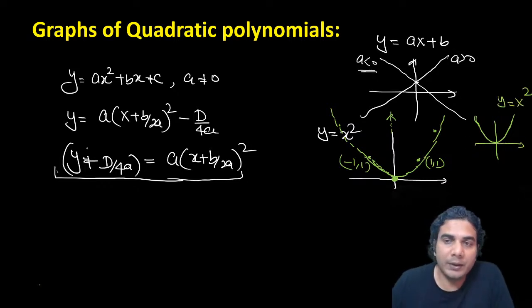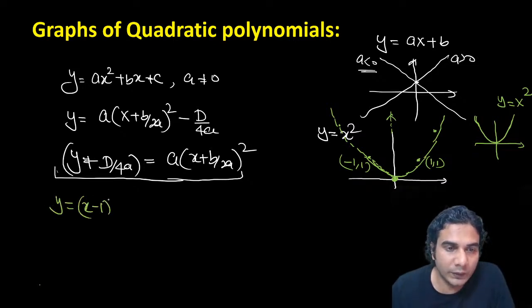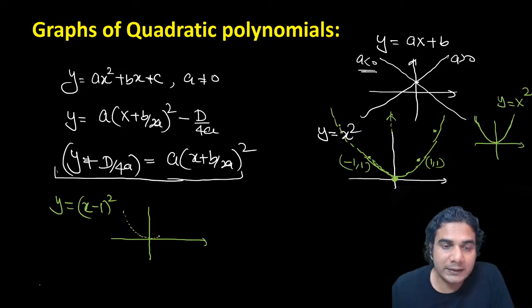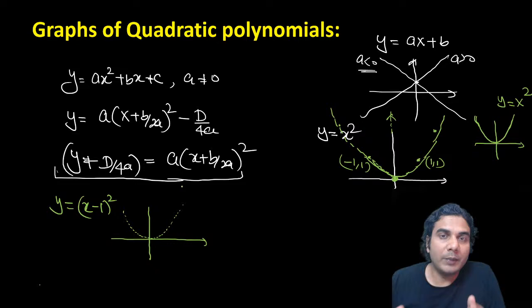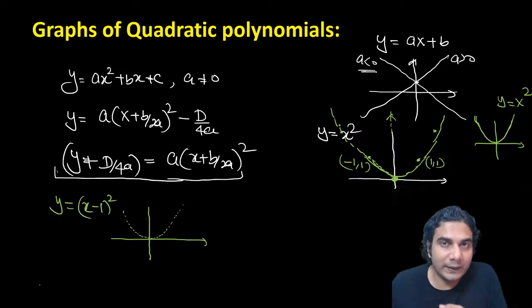See what will happen to the graph if I plot y is equal to x minus 1 the whole square. If I replace x by x minus 1, see what happens. You know this is the graph of y is equal to x square. When you replace x by x minus a, the graph shifts by a units towards the right if a is positive, or towards the left if a is negative.